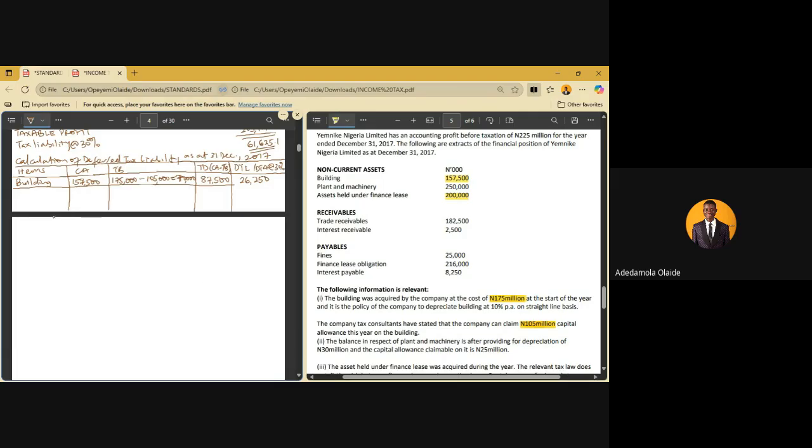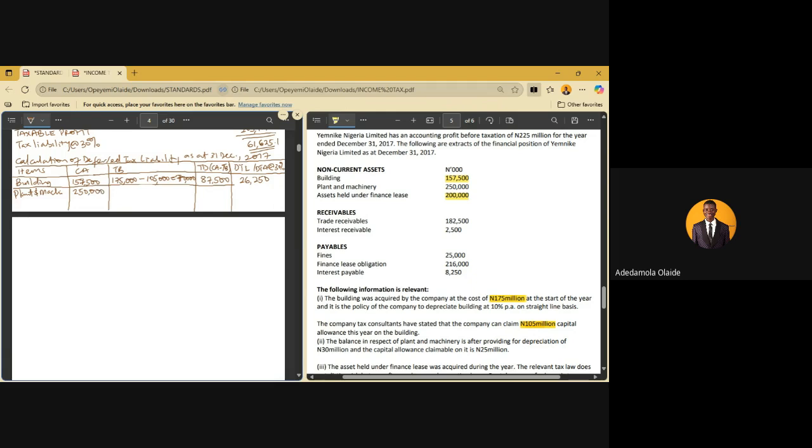The next one is plant and machinery. For plant and machinery, we have the carrying amount to be 250,000.